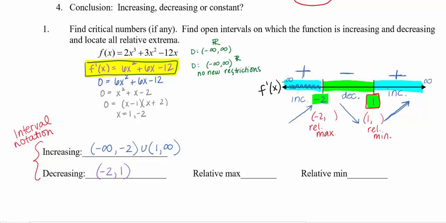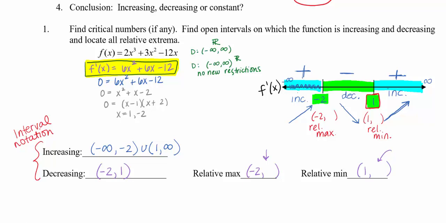Now, relative max as a point is going to be -2 comma something. Again, if they're asking for a maximum value, they're probably asking for that y value, but I'm okay if you give me the point, and again, that's a personal preference, but if they're asking for a relative minimum value or relative maximum value, those types of values can sometimes be y values.